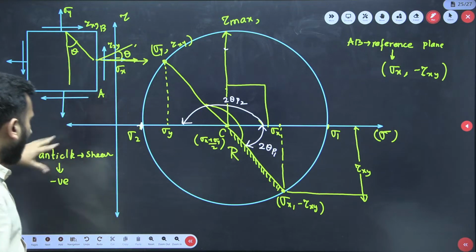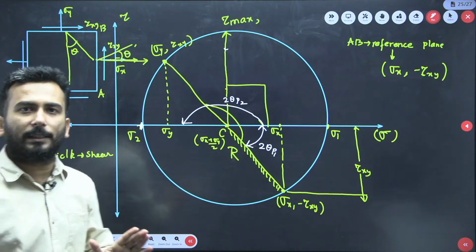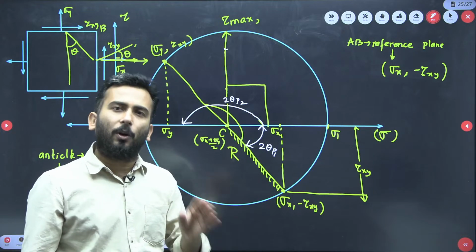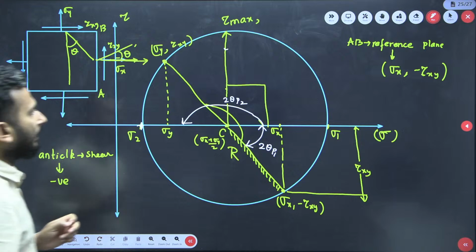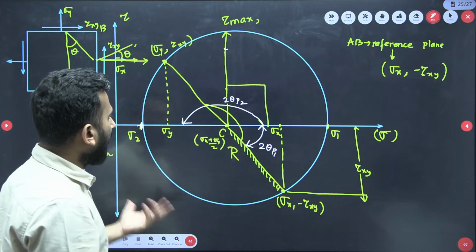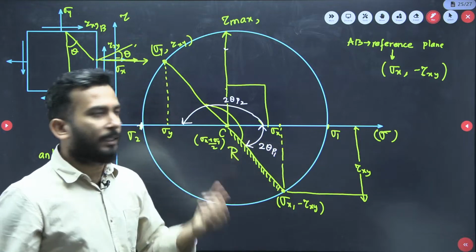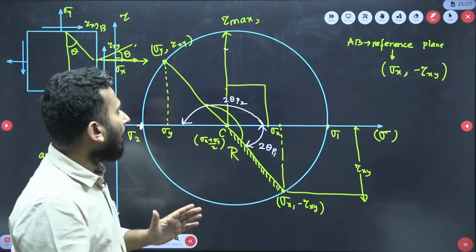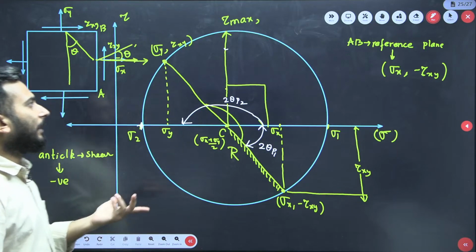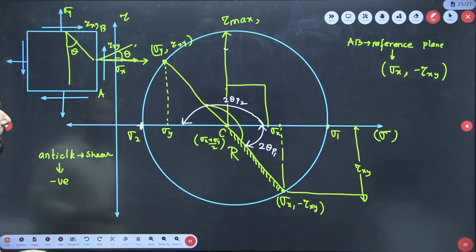What is the sign convention, that anti-clockwise shear is considered negative only on Mohr circle? That is the special convention. All these are the basic things, right? So are we missing anything? No. Reference we have discussed, principal plane we have discussed, shear planes we have discussed, maximum principal, maximum shear. So I think everything as far as Mohr circle basics are concerned, we have discussed, right?